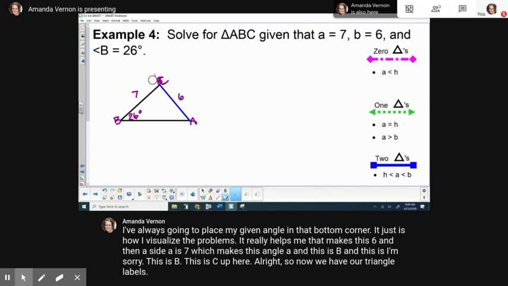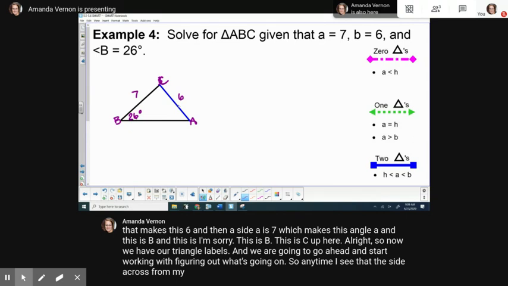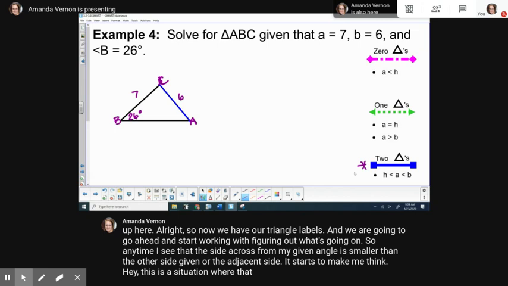and we are going to go ahead and start working with figuring out what's going on. So anytime I see that the side across from my given angle is smaller than the other side given, the adjacent side, it starts to make me think, hey, this is a situation where that 2 triangle could show up.